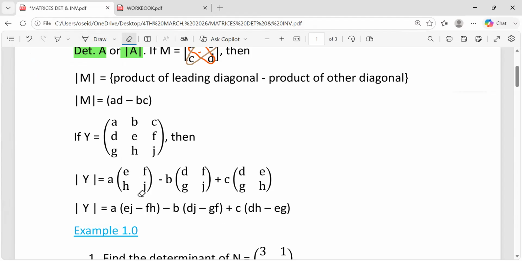With this, we go back to multiplying the leading diagonals, then subtract the product of the other diagonal.